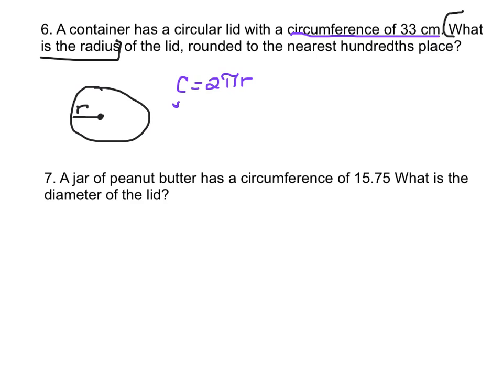So instead of writing C, I plug in 33 for their circumference. 33 equals 2 times 3.14 times r, because I don't know my radius. I can go ahead and multiply 2 times 3.14, and I get 6.28 r. To get r by itself, I just divide both sides by 6.28.